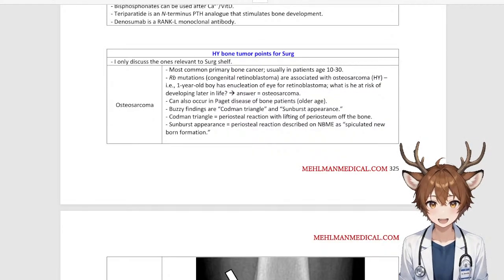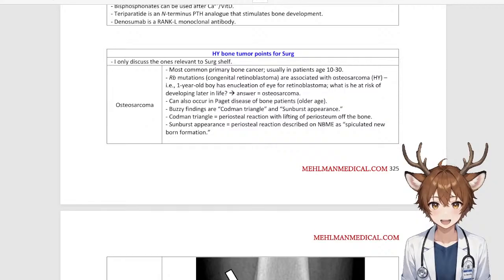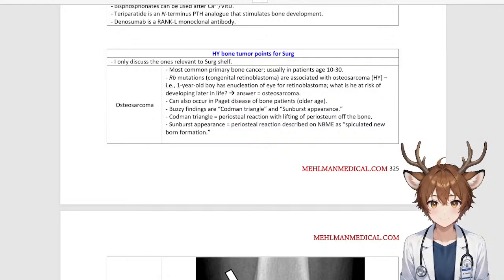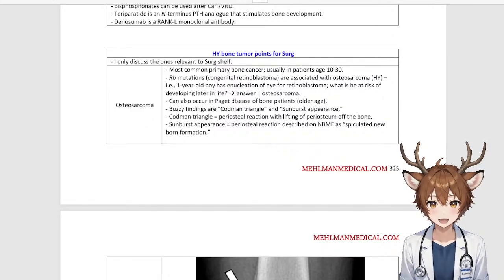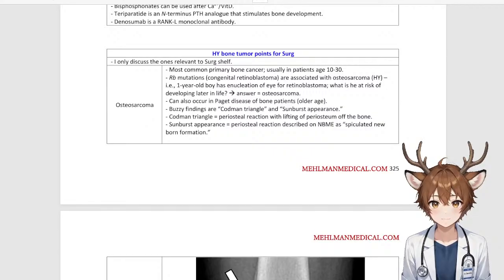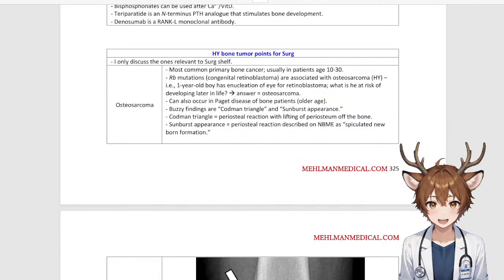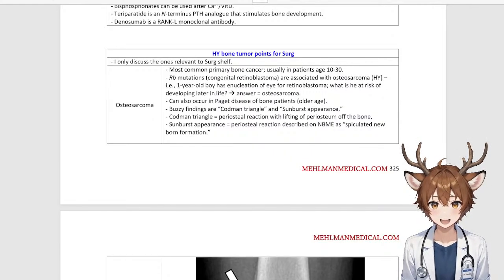The answer should be osteosarcoma. It can also occur in Paget disease of bone patients, at older age. Buzzy findings are Codman triangle and sunburst appearance. Codman triangle is the periosteal reaction with lifting of the periosteum off the bone. Sunburst appearance is the periosteal reaction described on NBME as spiculated new bone formation.